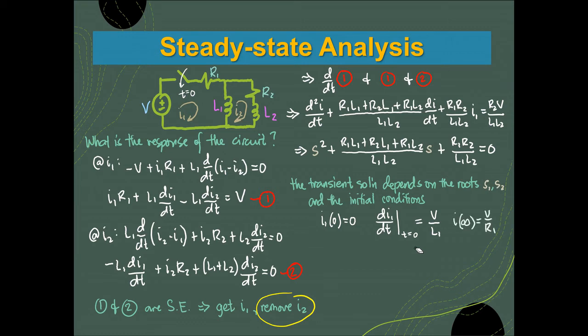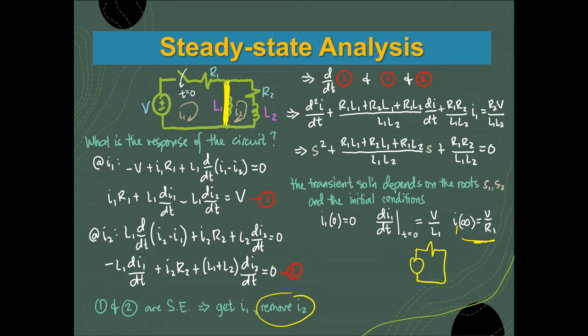And lastly, the infinity value of your current is equal to V over R1. This one is physical. We can observe it physically: at time equal to infinity, your inductor is fully charged. So for the current I1, you have a voltage source and then the resistor here.